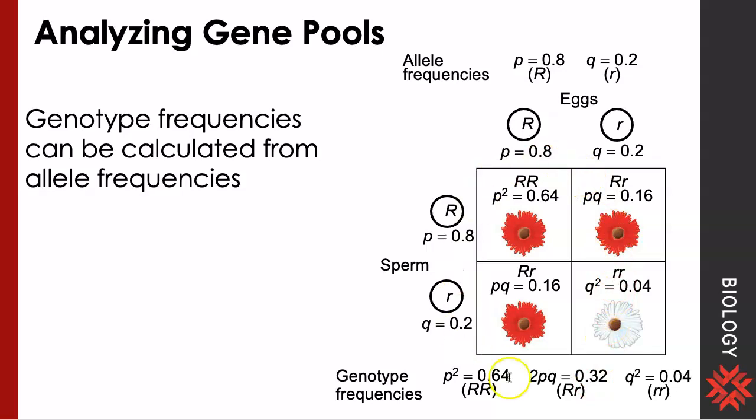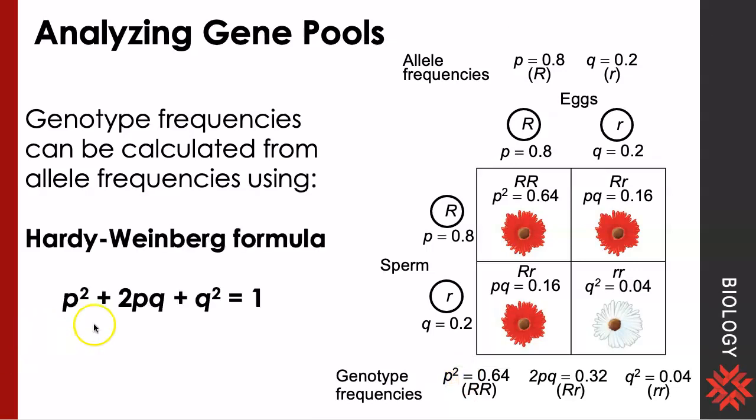Now, here we solved the genotypes, or the genotypic frequencies, by using a Punnett square. But now that we've done this Punnett square once, we can actually just use these values here. So it gives us the equation p squared plus 2pq plus q squared equals 1. So the p squared was taken from here, the 2pq were taken from these two boxes, and the q squared taken from this box here.